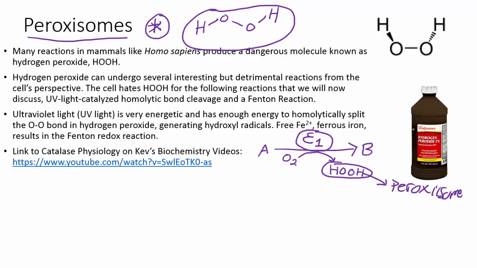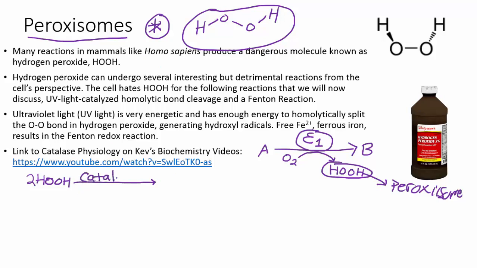Here's the thing that you need to keep in mind. Hydrogen peroxide is catabolized, so if we have hydrogen peroxide, it can react in multiple ways. Number one, if we have two hydrogen peroxide molecules, there's an enzyme located in the peroxisomes called catalase.